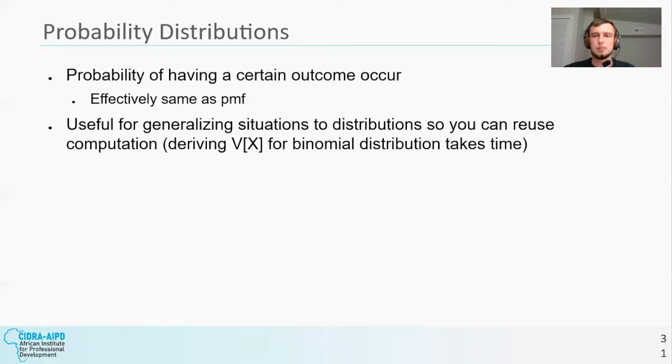Another common example is if you're pulling balls from an urn with replacement. So you have a vase or something, there's 10 red balls and 3 blue balls. And you draw 4 balls with replacement. What's the probability that all 4 of those balls are red?